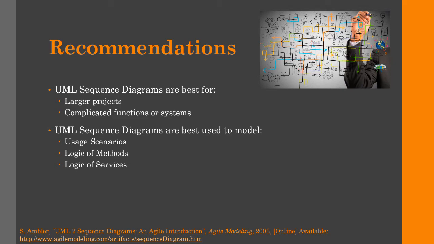UML sequence diagrams are best used to model usage scenarios, the logic of methods, and the logic of services. They can be interpreted as being visual object code, and as such, can be highly effective in modeling logic of functions or the processes associated with usage scenarios.